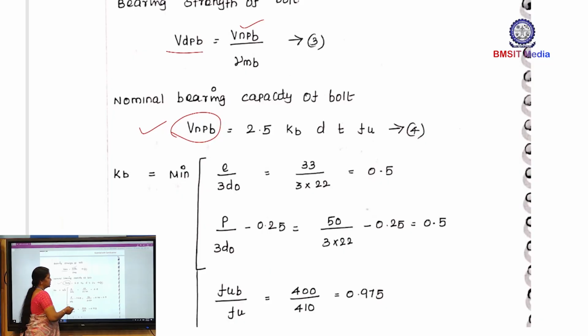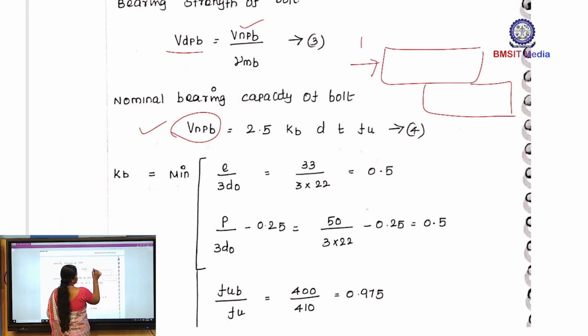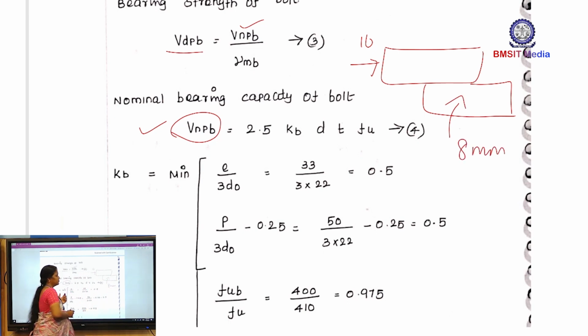For example, in this lap joint, one plate is here and one plate is here, two main plates. If this is 10 mm thickness and this one is 8 mm thickness, we have to take the minimum value, so the answer is 8 mm. This is an example only.